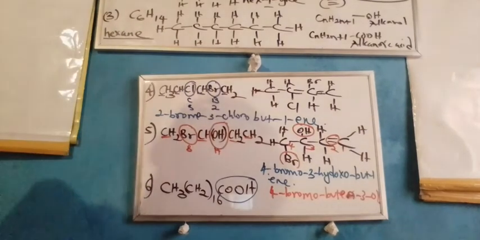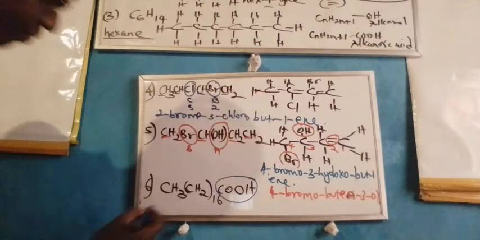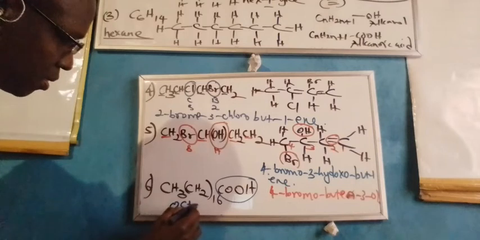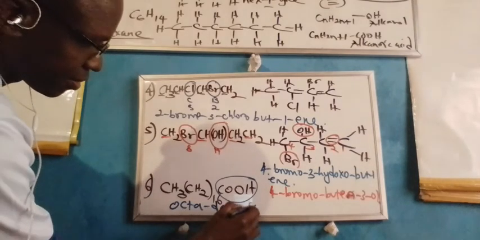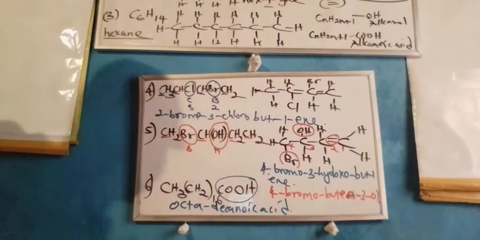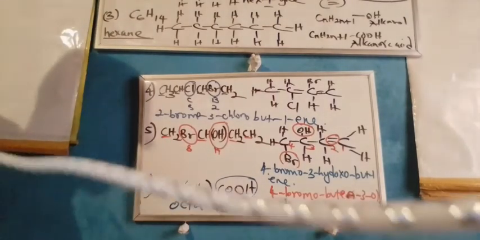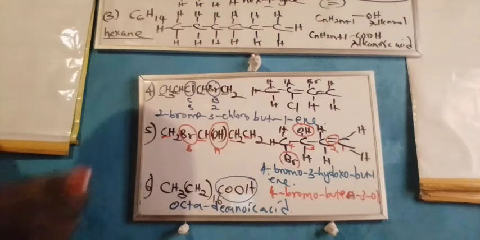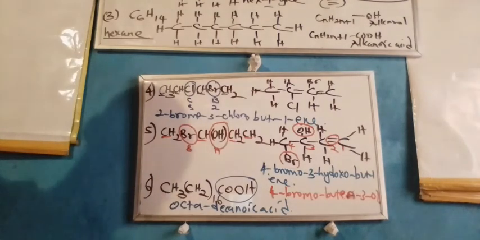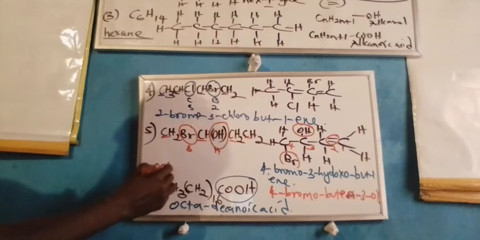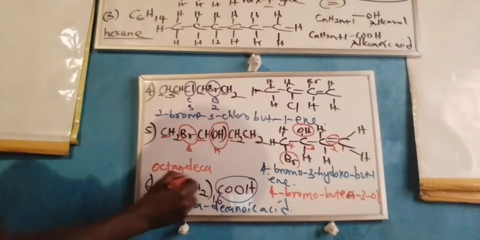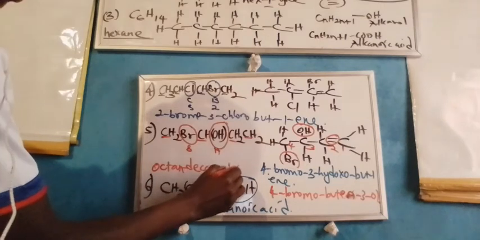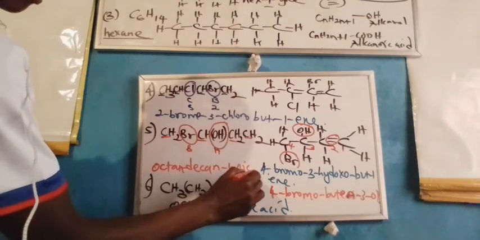So we will say this is an octadecanoic acid. Now, the position of the carboxylic group will also modify the name, because it's on the outermost carbon, so we can say it is also octadecanoic acid.